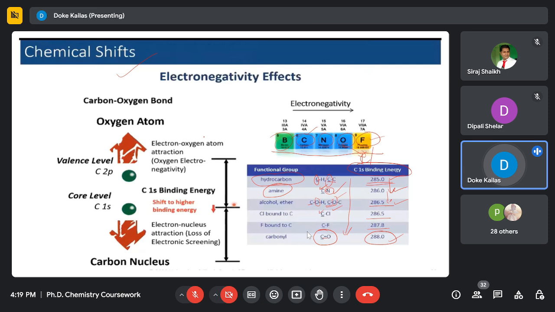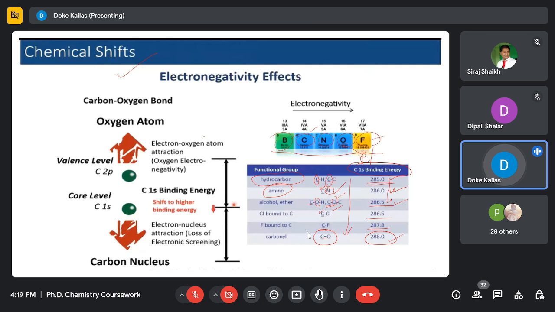This is another organic compound, with the 1s carbon electron shown in the high resolution spectra, and here also you observe four different carbons, and each carbon shows a different binding energy in the spectra. There is a shift in binding energy of 2 electron volts, nearby 3 electron volts, nearby 4 electron volts, and greater than 4 electron volts.